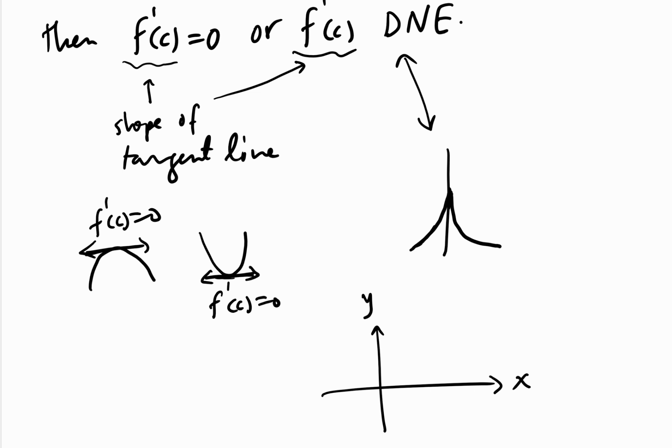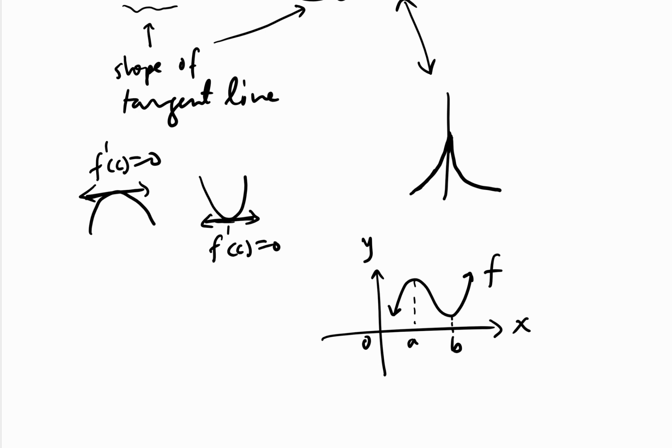So if you look at this graph, let's say this point is A, this point is B, and this is f. What do you notice? At A, there's a horizontal tangent, so f prime at A is 0. At B, there's another horizontal tangent, so f prime at B is 0.